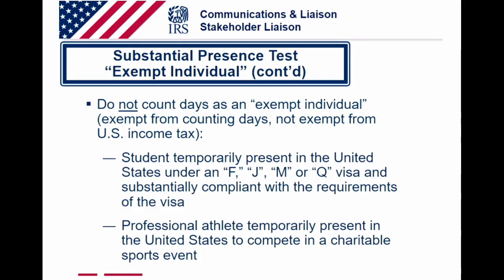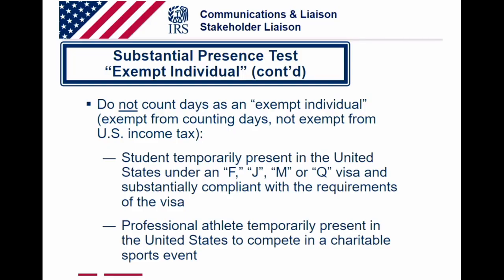So an individual will not be exempt as a student if they have been exempt as a teacher, trainee, or student for any part of more than 5 calendar years, unless they not only meet the criteria shown here, but are also able to establish that they do not intend to reside permanently in the United States, meaning the facts and circumstances bear this out in that they have maintained a closer connection to a foreign country and have not taken steps toward lawful permanent resident status.